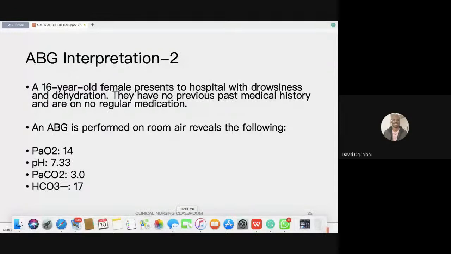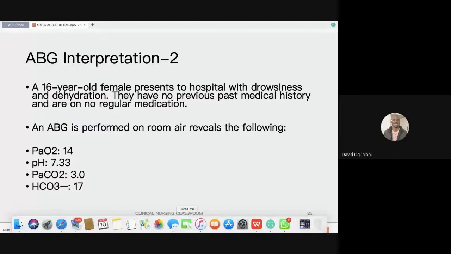The respiratory is already going alkaline. You understand? It's already going into alkalosis, and it's trying to compensate for the acidosis. So in this situation, it is a compensated metabolic acidosis.